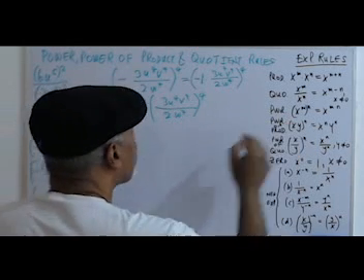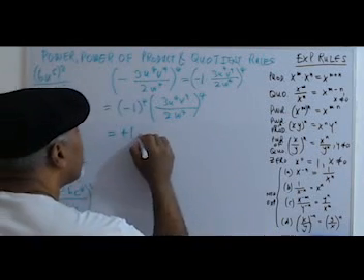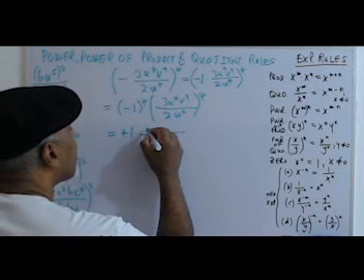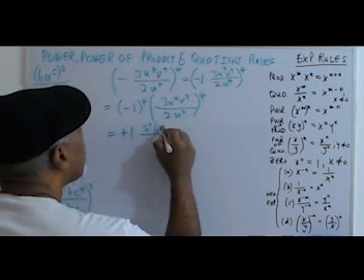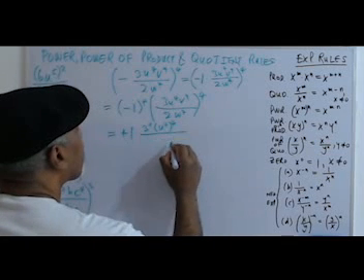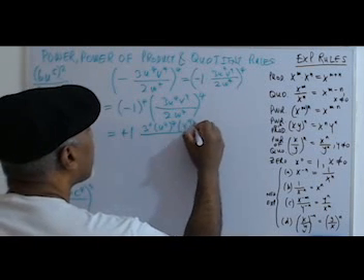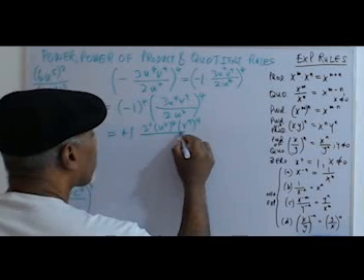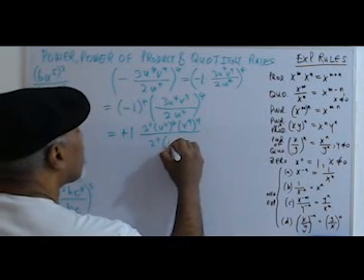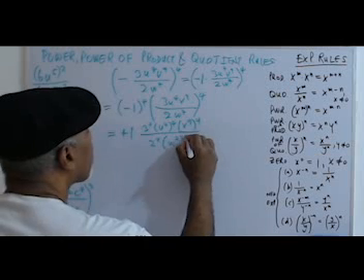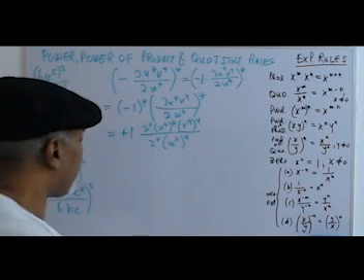And then let's use the power of a quotient rule and rewrite this as 3 to the 4th times u to the 4th to the 4th times v to the 9th to the 4th over 2 to the 4th, w to the 7th to the 4th. Now, how did I do that?